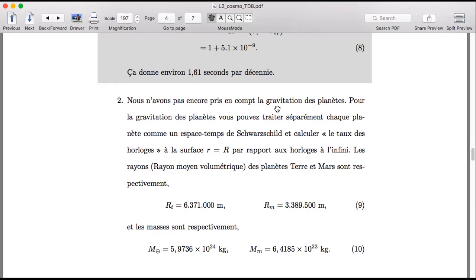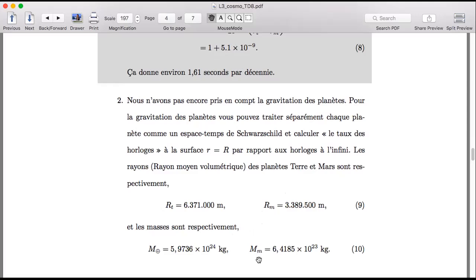But we're going to find that this gravitational time dilation by the sun is 10 times bigger. The clocks on Earth have been, I hesitate to use this language, slowed down.